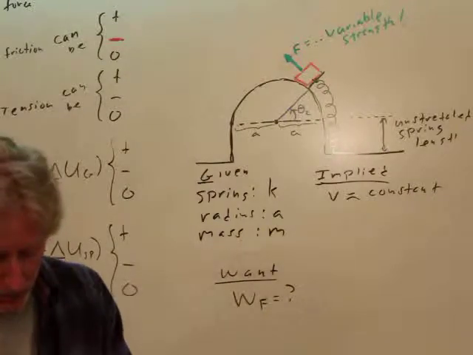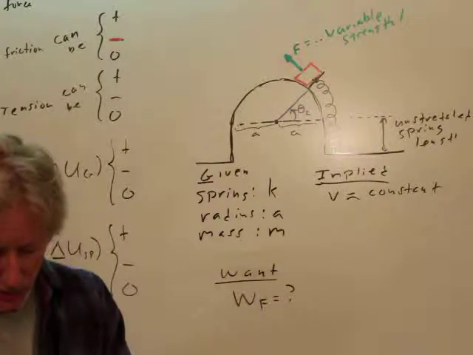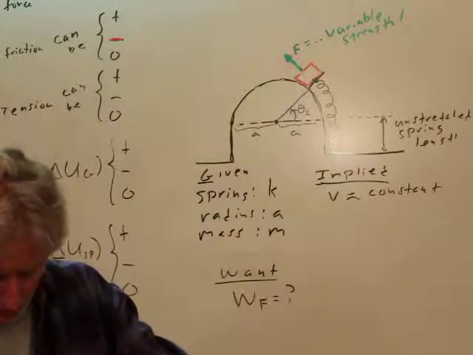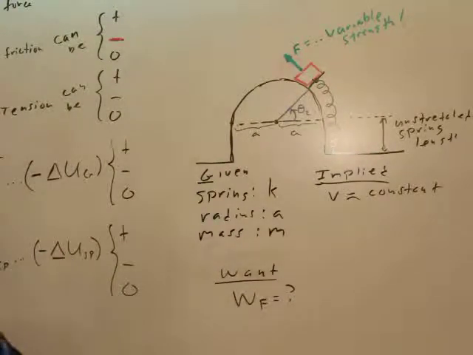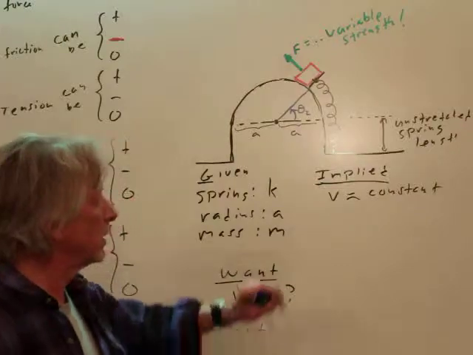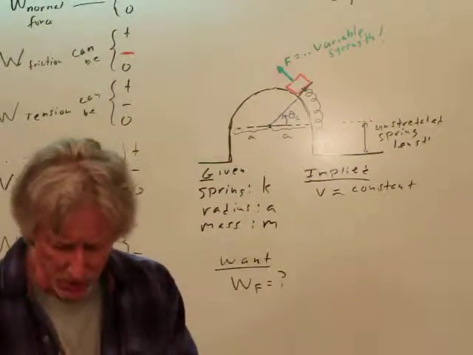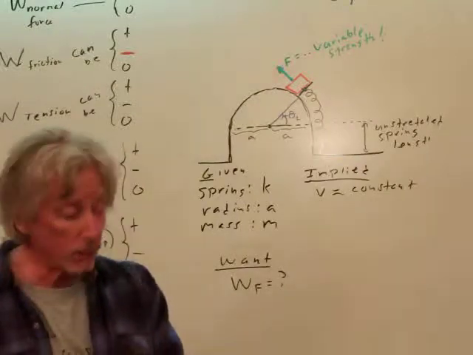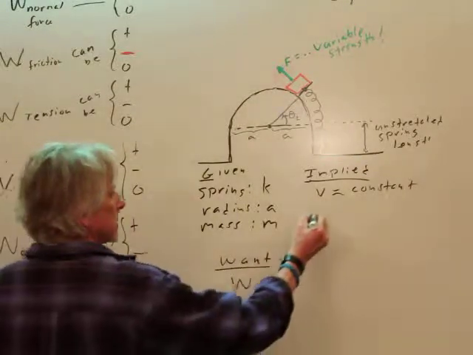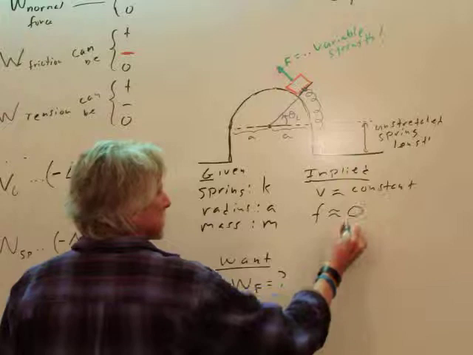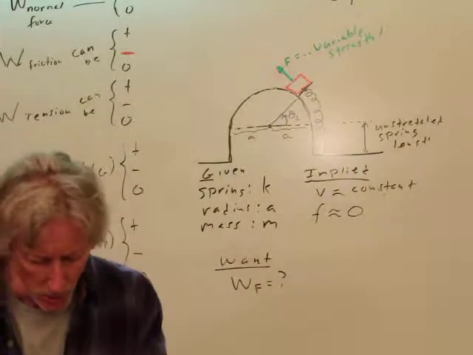Okay, all right, so we're going to set this up, and that's a little tricky. In this problem, a variable force is maintained tangent to a frictionless, well, not really frictionless, negligible friction, surface.